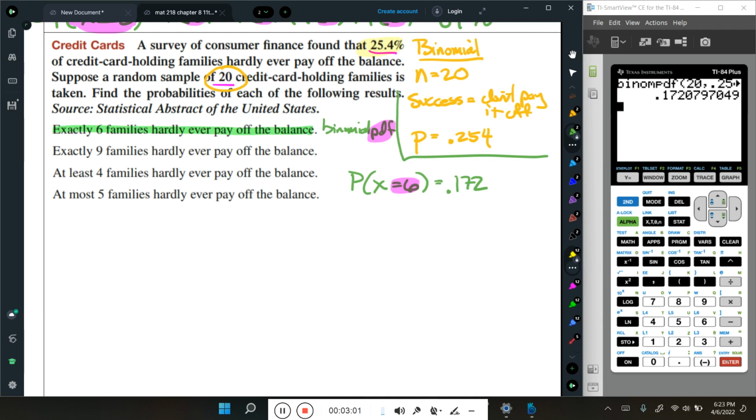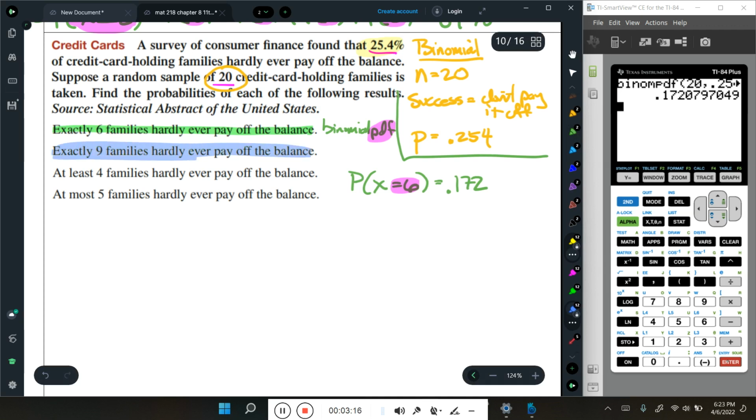So I've got about a 17% chance that if I go knock on 20 doors, 6 of those people will say, nope, we don't pay it off. All right. How is that different from the second question here, where it says exactly 9 families hardly ever pay it off? Well, that just means the random variable is equal to 9.